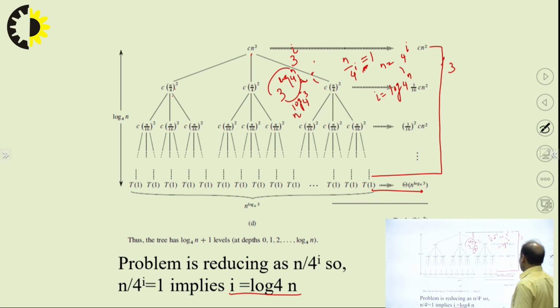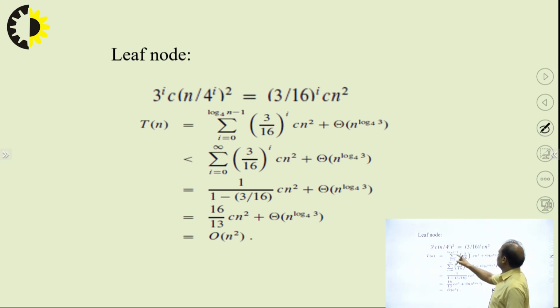As a policy, if you want to add all the nodes, it is 3 to the power i times Cn square by 16 to the power i, and we are going to add them.